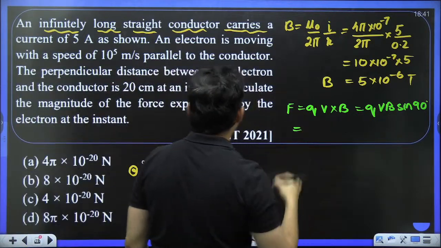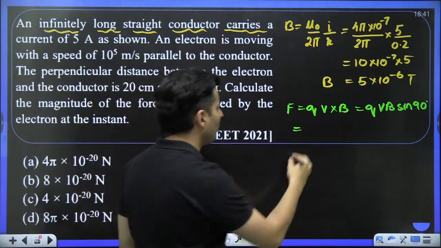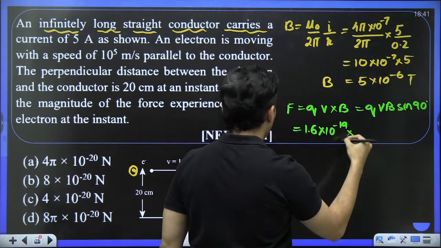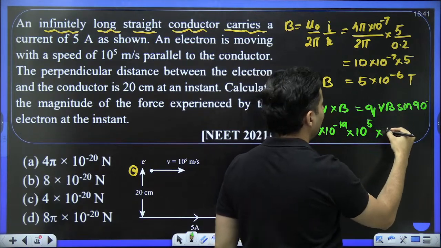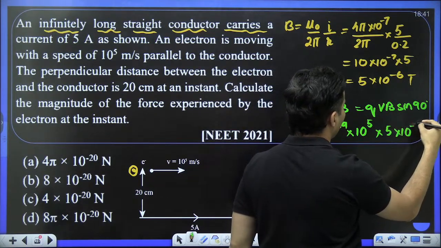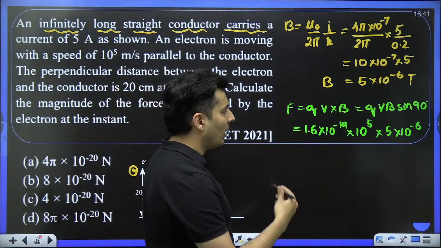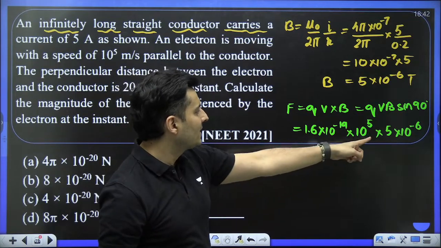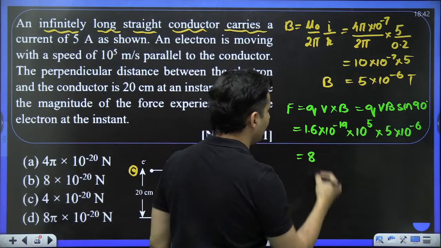So what is the charge? It's an electron, I think it's given. So it is going to be 1.6 into 10 to the power minus 19. What is the velocity? It is 10 to the power 5. What is the magnetic field? 5 into 10 to the power minus 6. So look at this now. 1.6 into 5, 16 5s are basically 80, so this will just become 8.